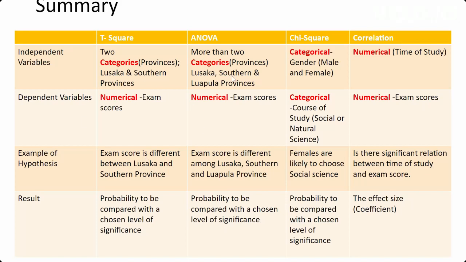So examples in this case, please have a look at this table with so much interest. There are keywords there: categories, numeric, category, numeric, category, category, numeric, numeric. Those will guide you which test you need to use for your inference statistics.